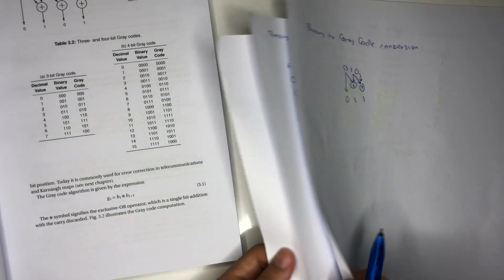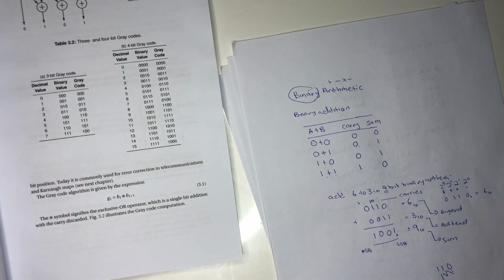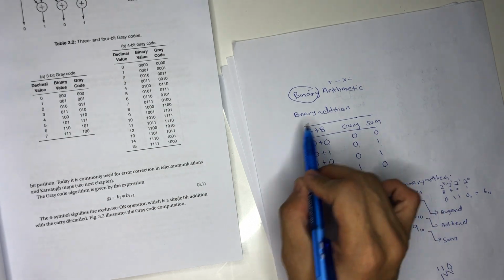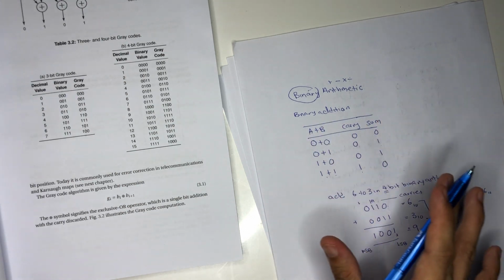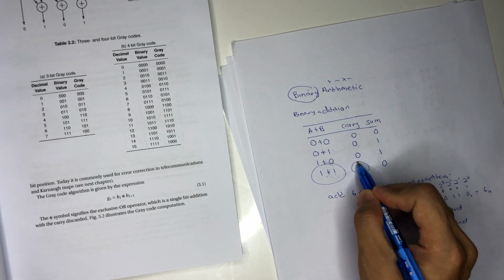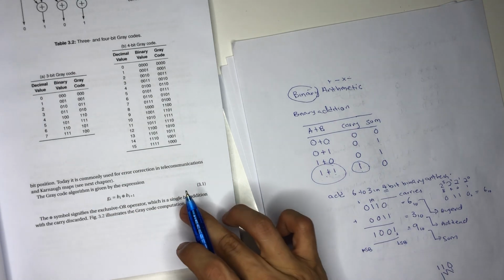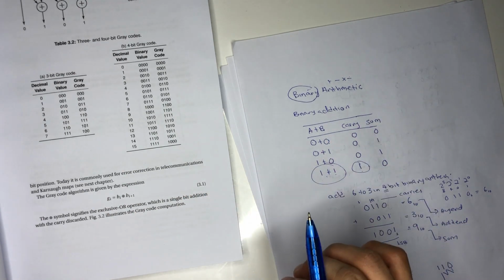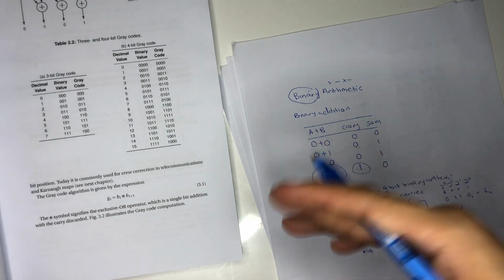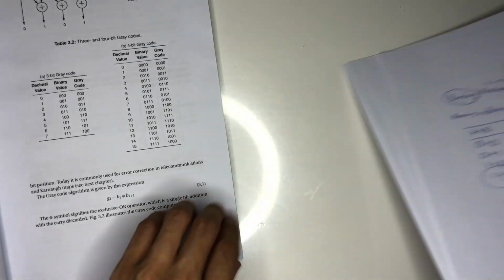You know, when we did the addition in the previous lecture, we know that in one of the operations there is a carry. For example, this one. So in this gray code, single bit addition, when you have the carry of 1, it is discarded. So don't worry if you don't understand, we will discuss further.